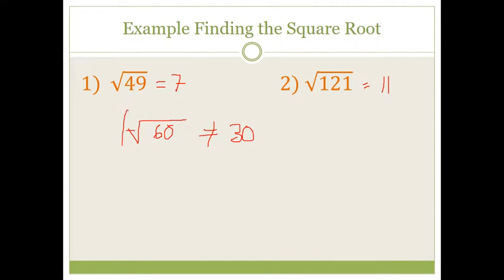I just want to point out that the square root of 60 is not 30, so don't do that. And then we'll talk about how to estimate a number like the square root of 60 in a few slides from now, because 60 is not a perfect square. There's not a whole number, an integer, that I can multiply by its own self to get to 60.